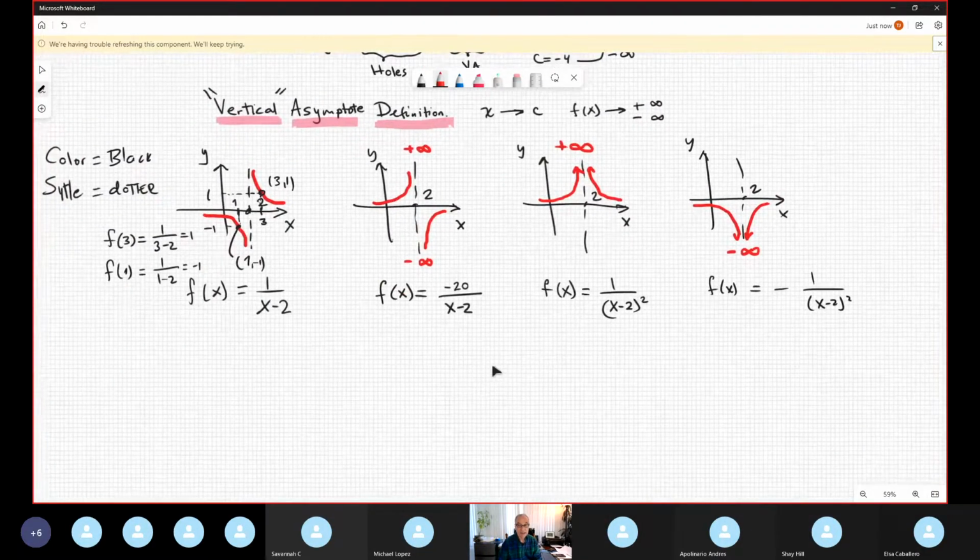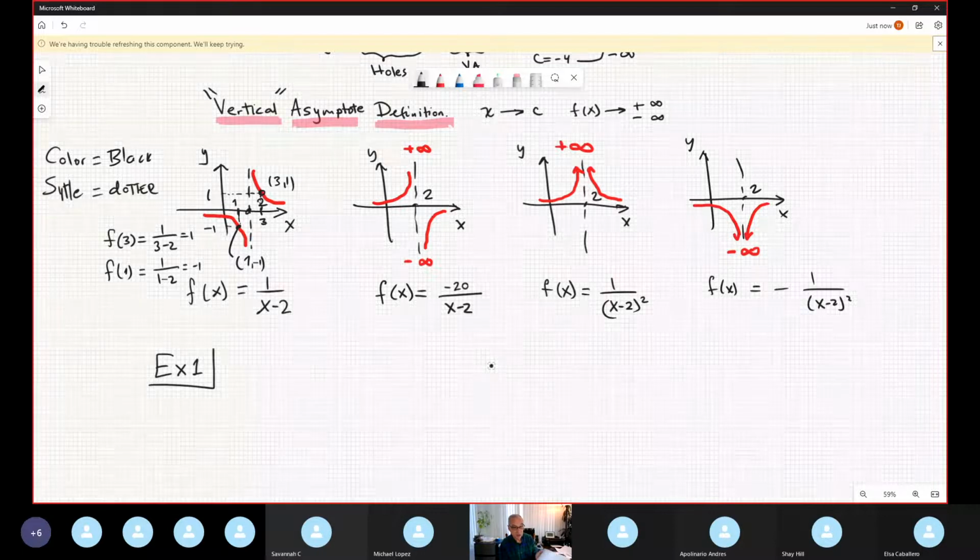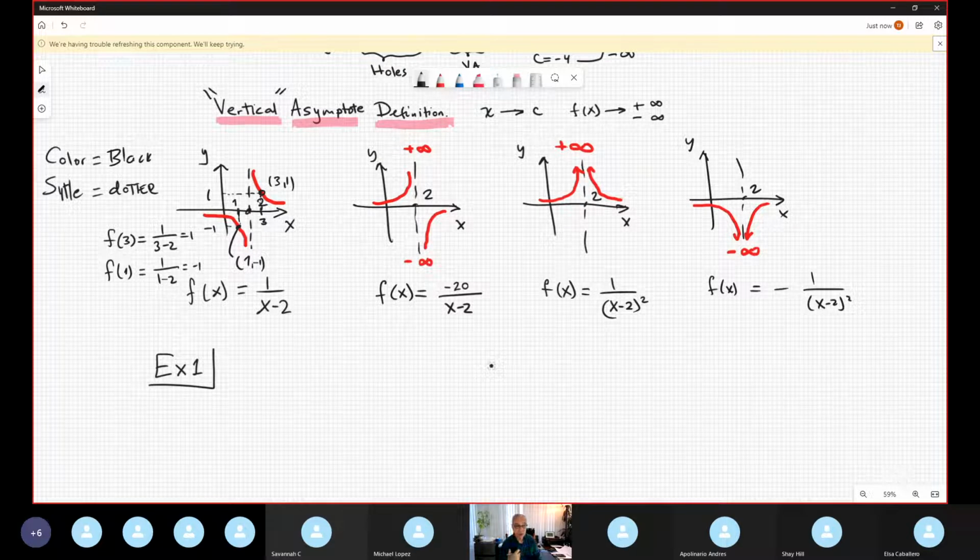Well, if it's clear, let's do the first example. In the test, I give you the equation of the rational function, and you need to do the graph using any property we study.